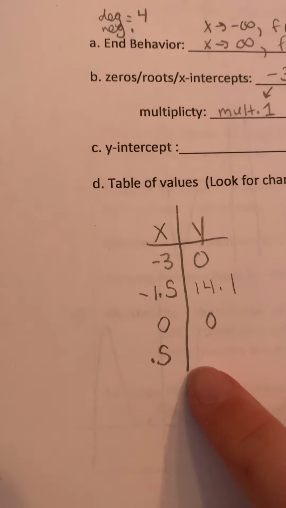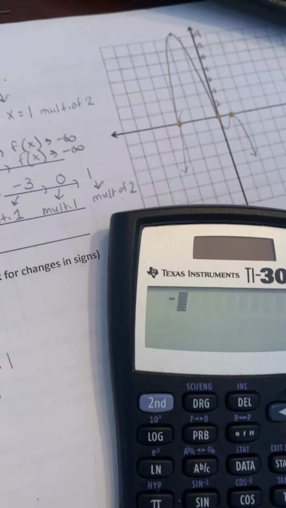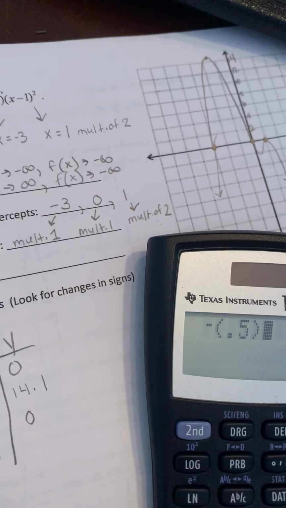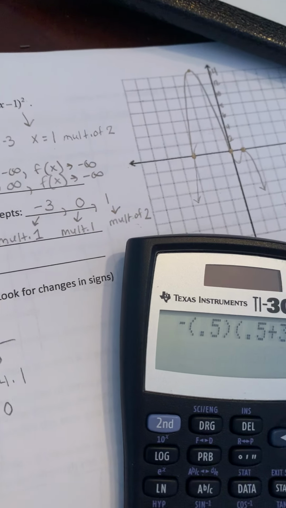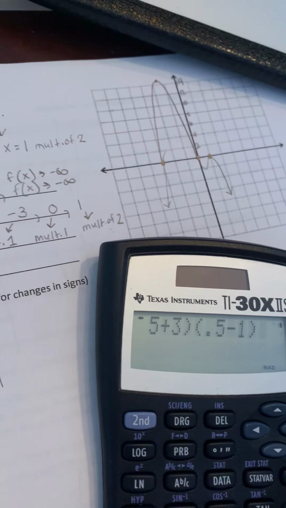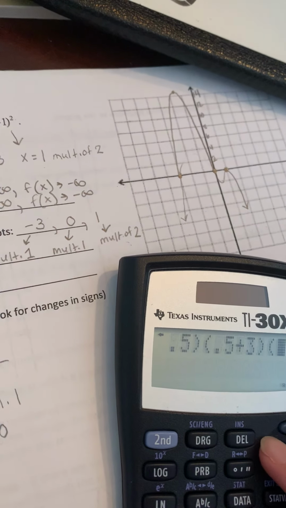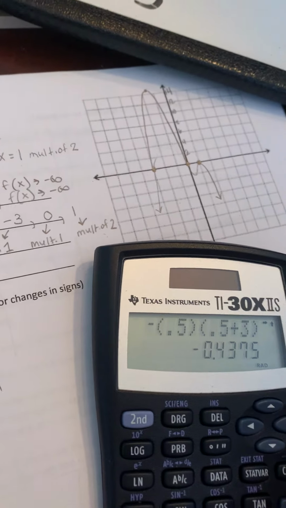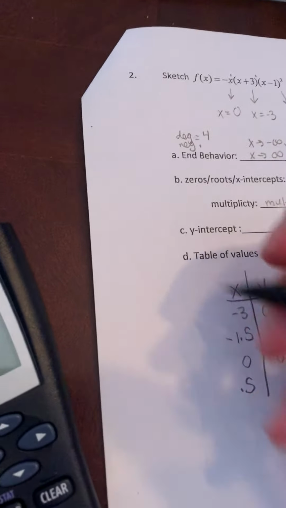So when I plug in 0.5 into my equation, we will have the negative out front, 0.5 times 0.5 plus 3 times 0.5 minus 1 all squared. And again, just confirming I don't have any typos. And we get negative 0.4 about.